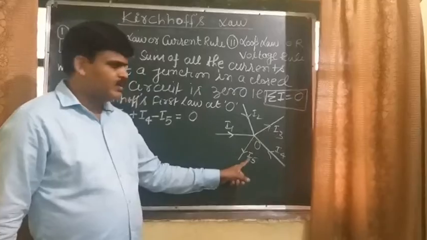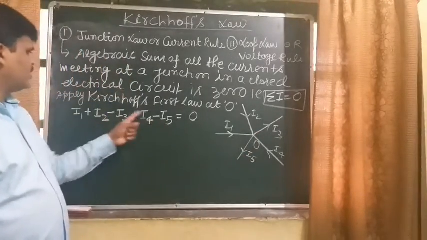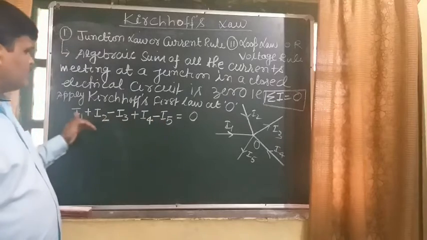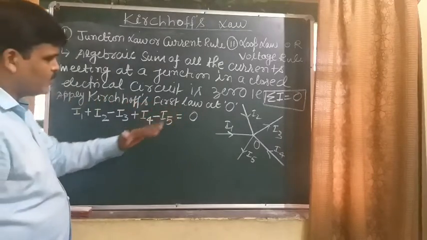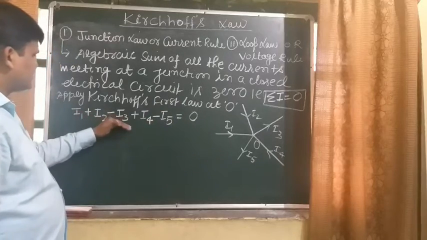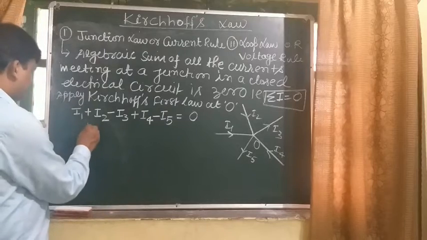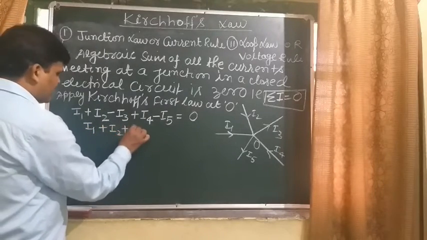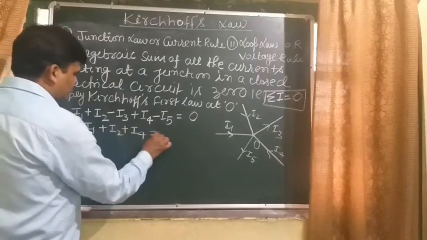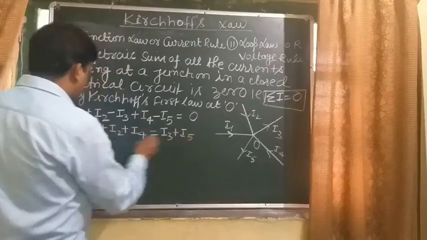I3, I5 are leaving the junction, so they are taken to be negative. So we apply junction law at O: I1 plus I2 minus I3 plus I4 minus I5 equal to 0. It can also be written as I1 plus I2 plus I4 equal to I3 plus I5.